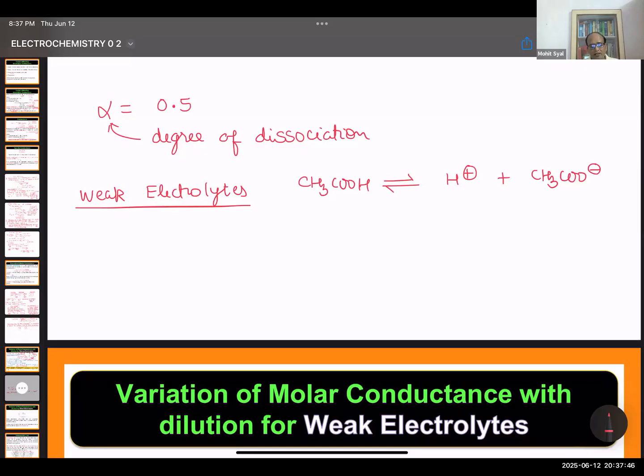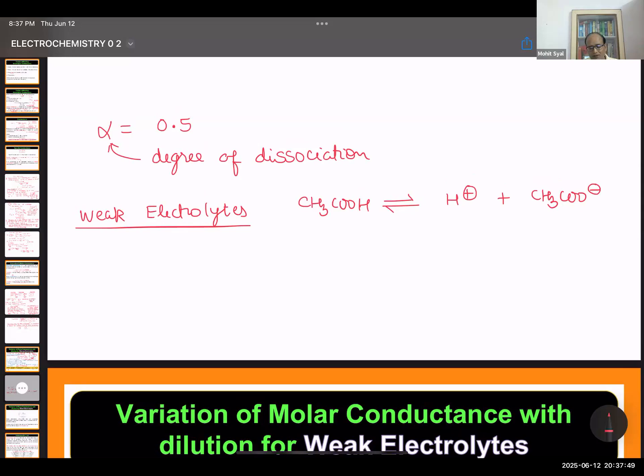But as we are putting more and more water, the volume of the complete solution is increasing, and alpha is increasing.